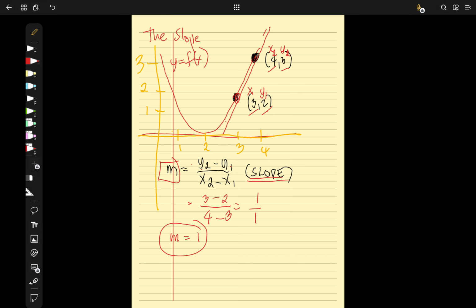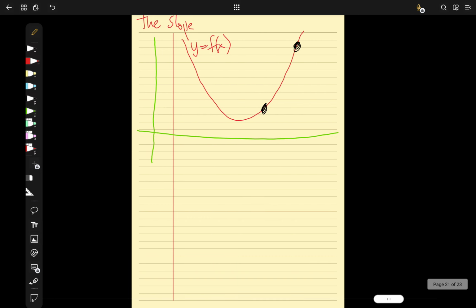Okay? Now, how about kung we choose any 2 points? Okay? So, not necessarily alam natin kung anong point yun, but we can choose any 2 points. So, for example, here and here, I have 2 points and I want to find the slope of the line connecting these 2 points.